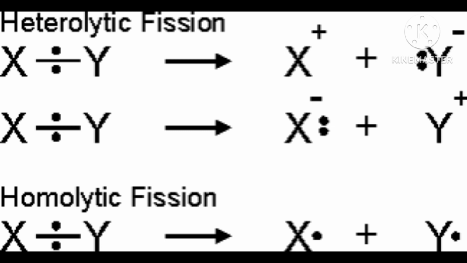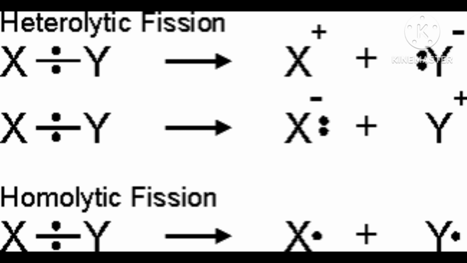Then you make two curved arrows, each for one electron, half-headed or fish hook. One arrow towards one atom and the other towards the other atom. One electron goes to the right, the other to the left, in opposite directions.